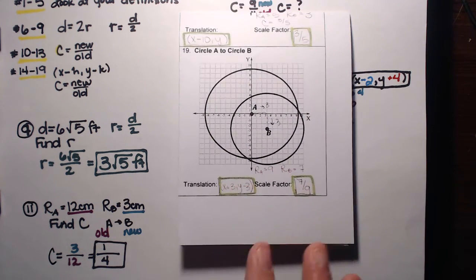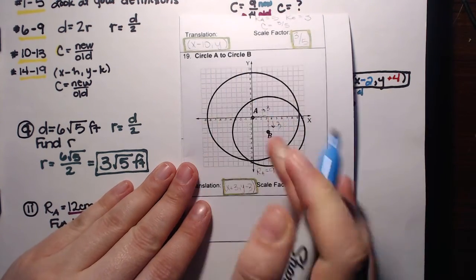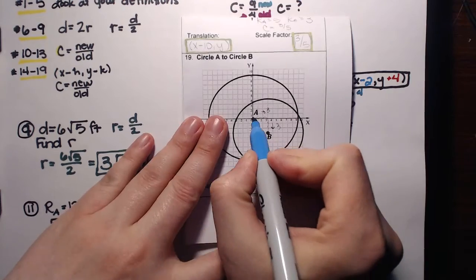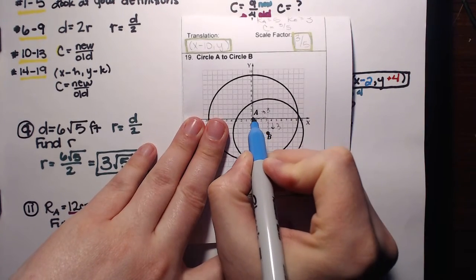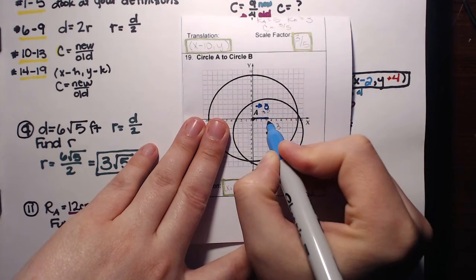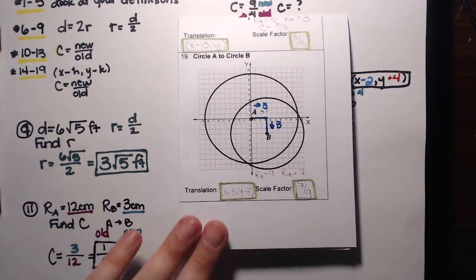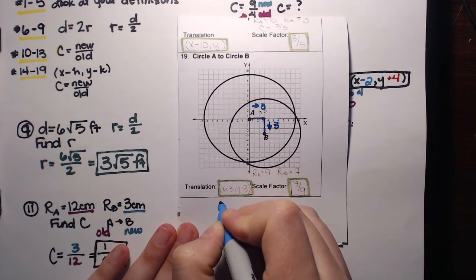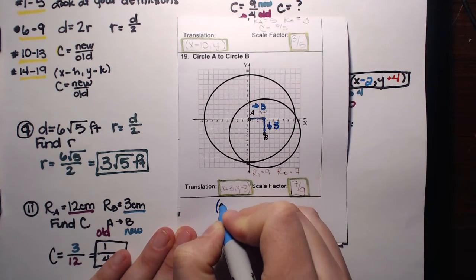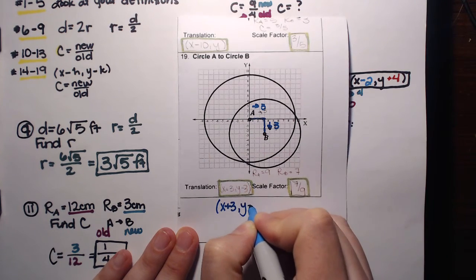So if I'm going from A to B, I need to start at A and I go right 3 and I go down 3 to get to B. So my translation, I'm going to write it underneath of it, is I need to go right 3 and down 3.